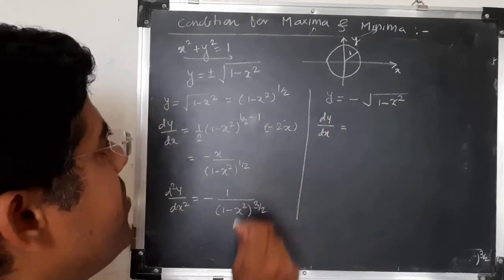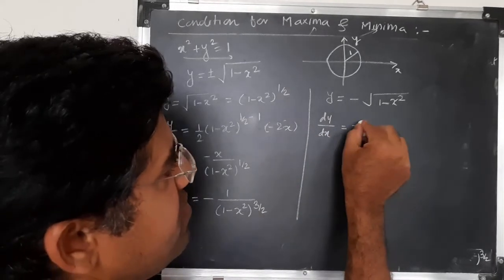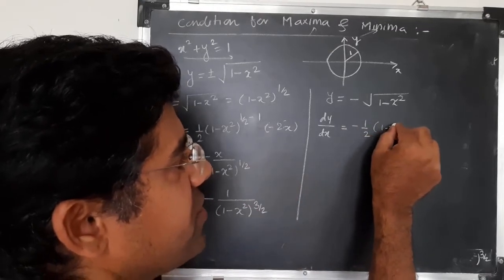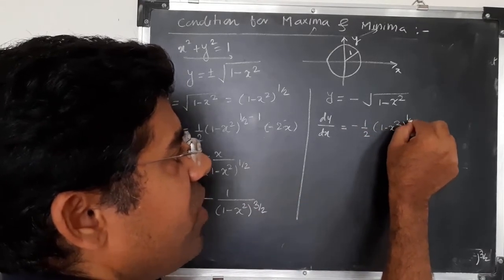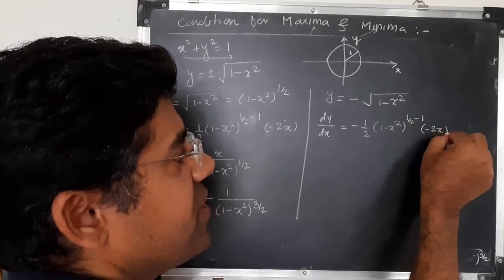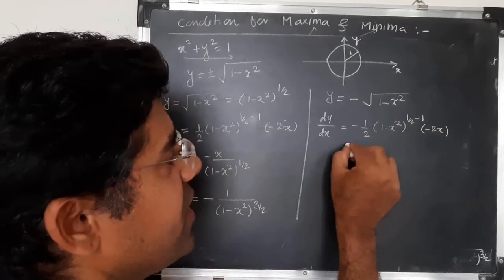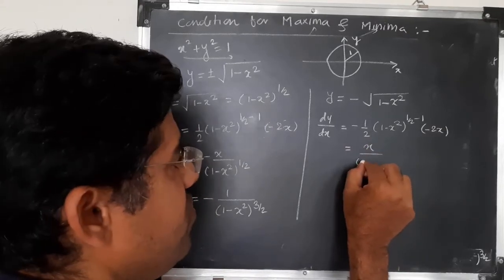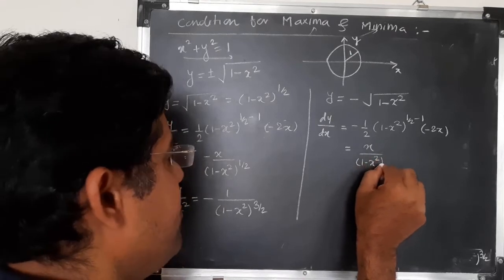This is simple. You will get minus half, 1 minus x square raised to half minus 1, into minus twice x. Minus minus plus, and 2 gets cancelled. So you will get x over 1 minus x square raised to half.